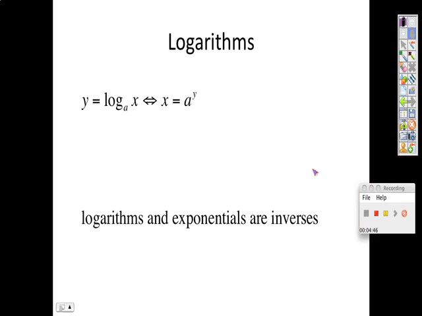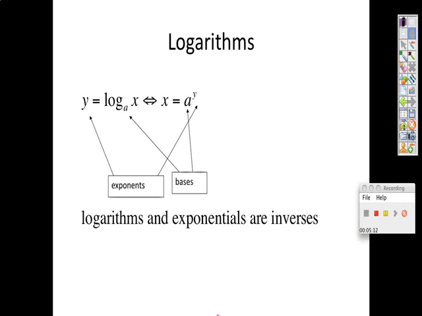But the base that we're going to be dealing with isn't always going to be 10. Sometimes the base might be 4, sometimes it might be 9. This value of a will change, and likewise the base of the logarithm changes. But regardless of what we deal with, logs are always finding us the exponent of the base.